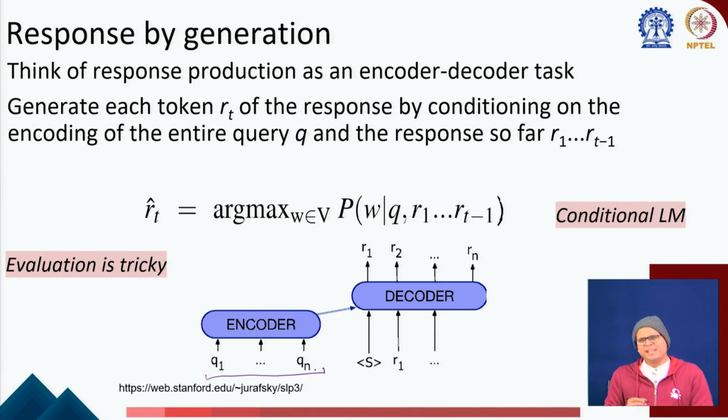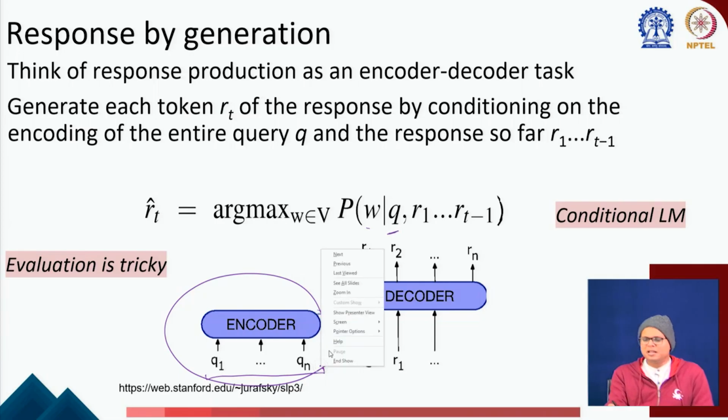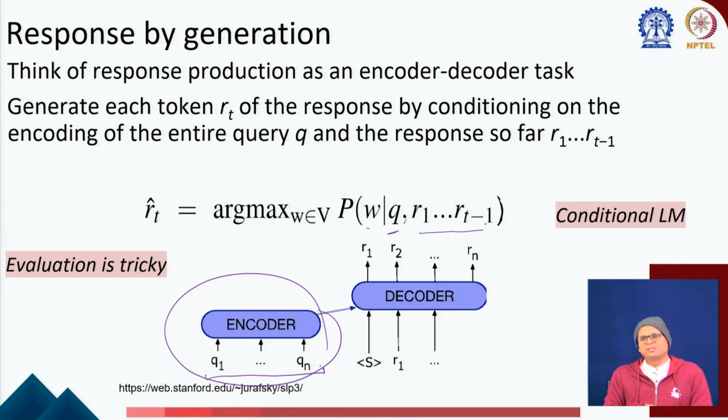And now, when you say generating one word at a time, it looks like a language model, except that it is conditioned on what has happened before, right. So, you condition your generation based on the query, that is whatever has happened before, plus whatever you have actually generated till now, right. This is why it is also popularly known as a conditional language model. So, there is a particular condition, but you are still generating one word at a time based on that condition.